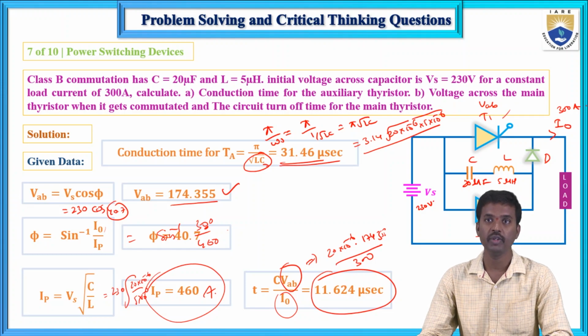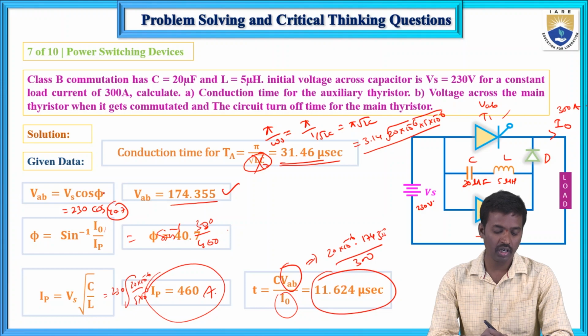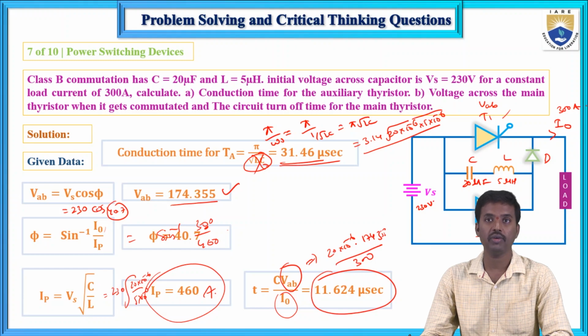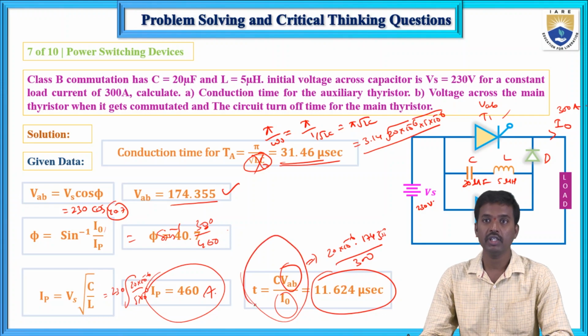The conduction time is pi into root LC, VAB equals Vs cos phi, phi equals sine inverse I naught by IP, and IP equals Vs by square root of L by C. And the circuit turn off time, which is most important, is T equals C into VAB by I naught.